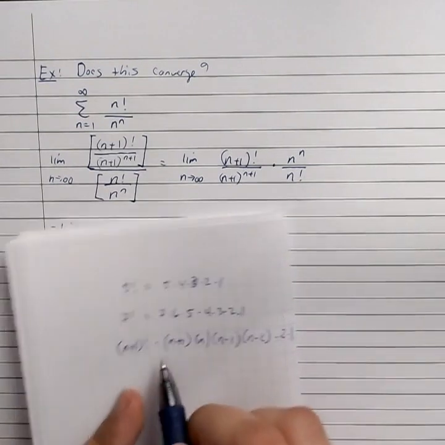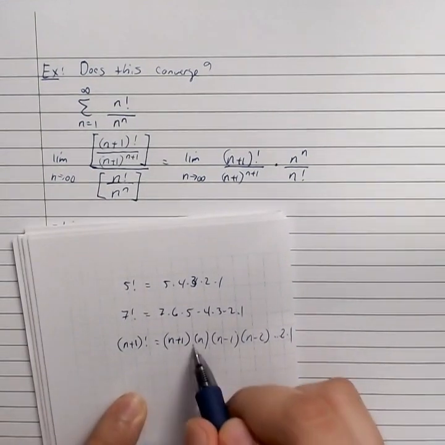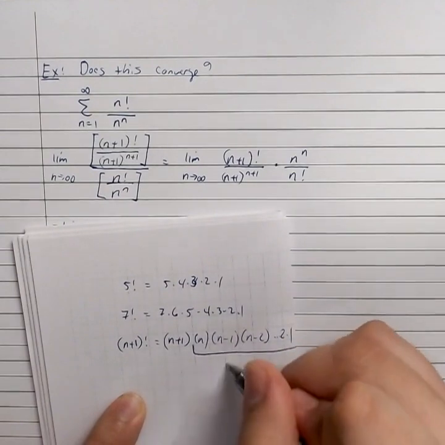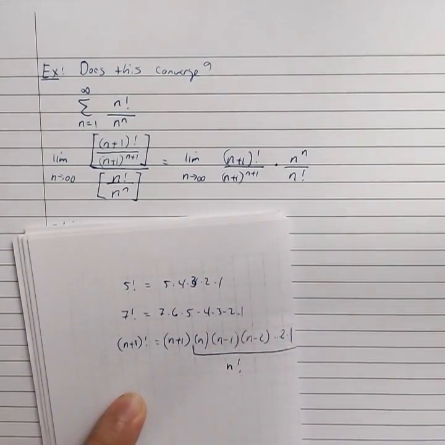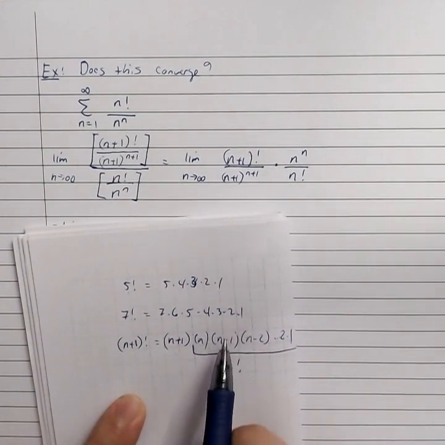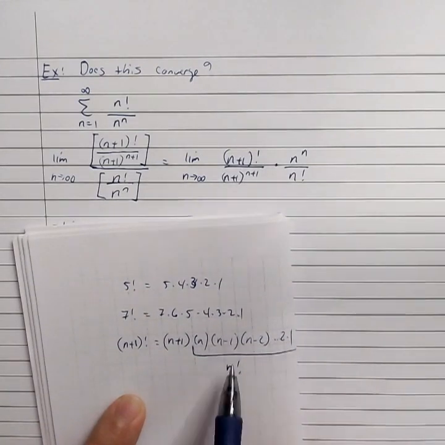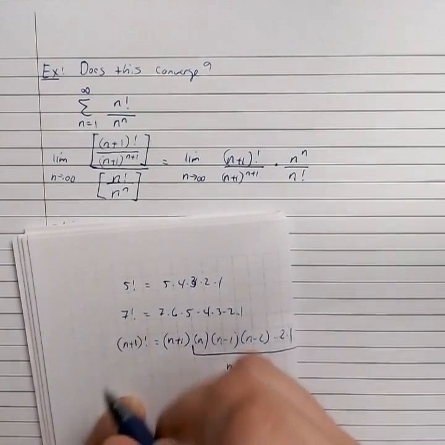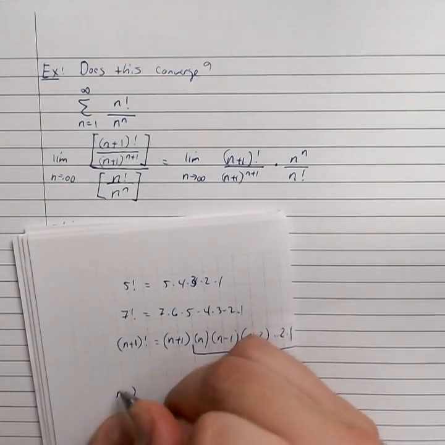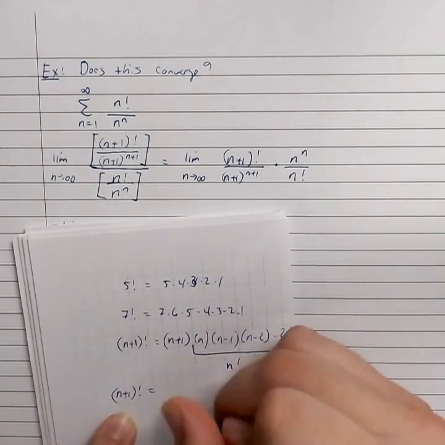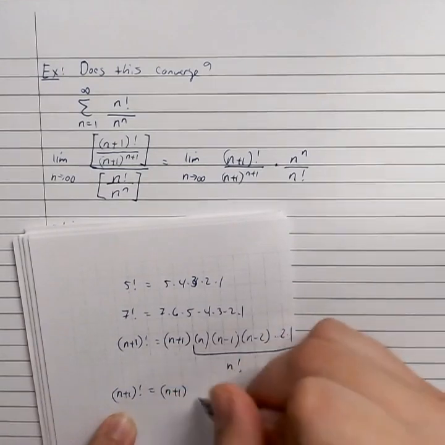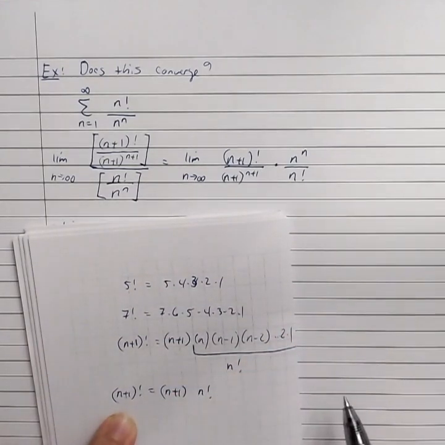But notice, if you just strip off that first one, this right here is n factorial, because it starts from n, and then you subtract 1, and another 1, and another 1, until you get down to 1. So this right here is n factorial, which means that n plus 1 factorial is equal to n plus 1 times n factorial.